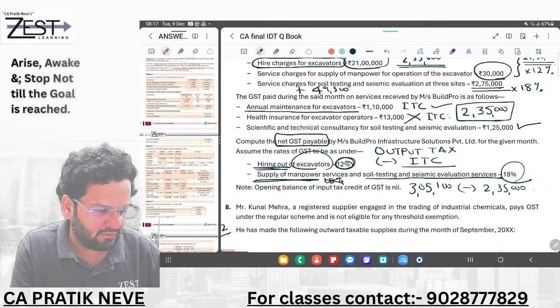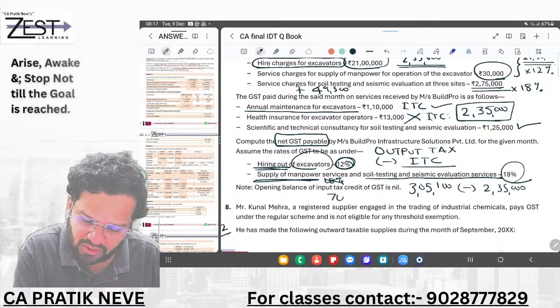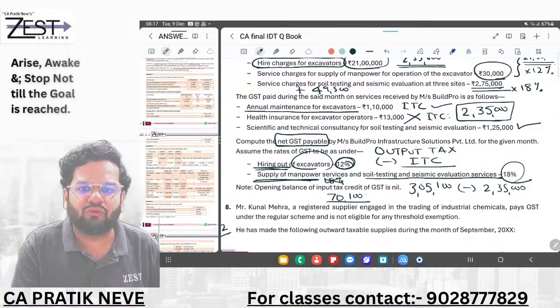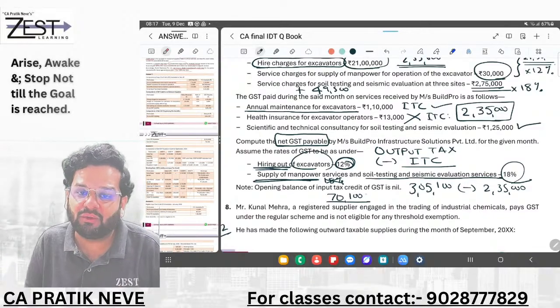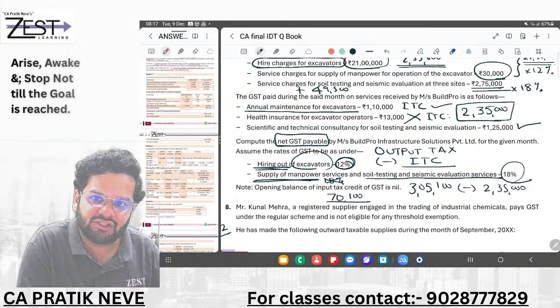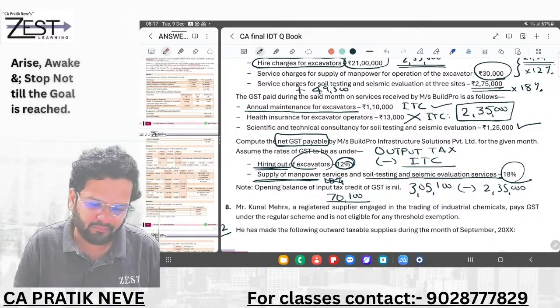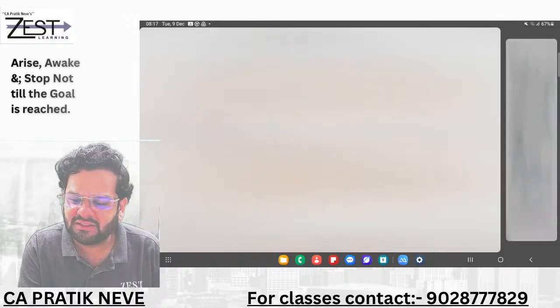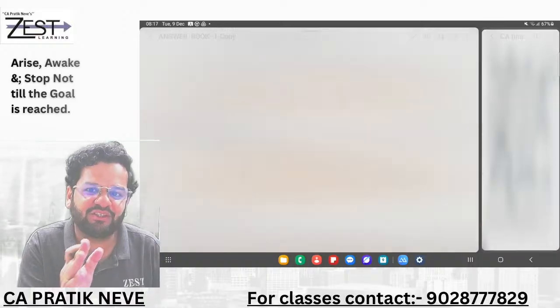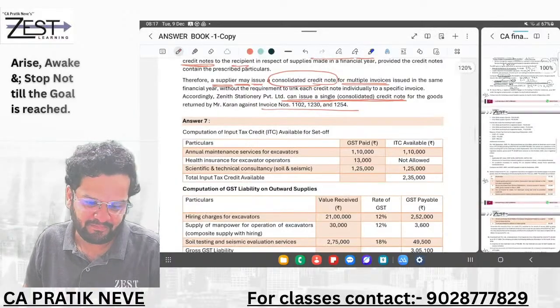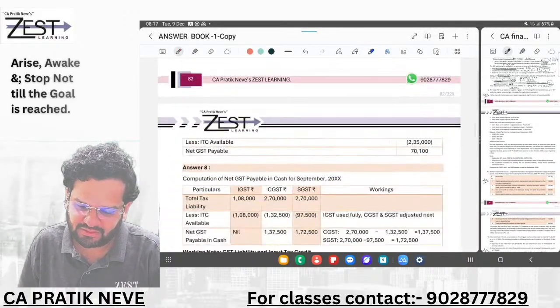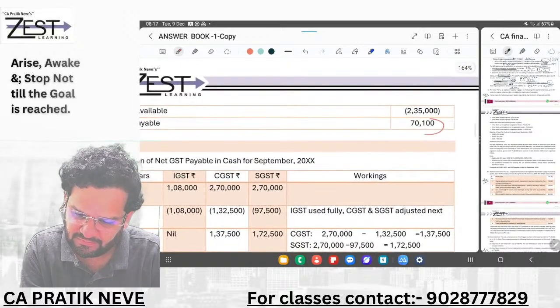You will get 70,100. They have not asked us bifurcation between CGST, SGST, IGST. So final answer is 70,100. See this. Clear?